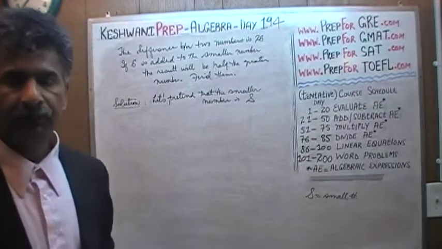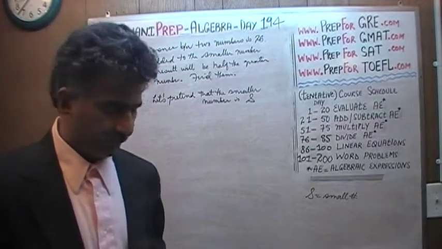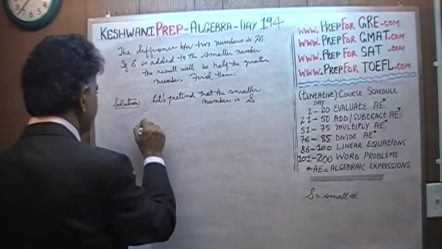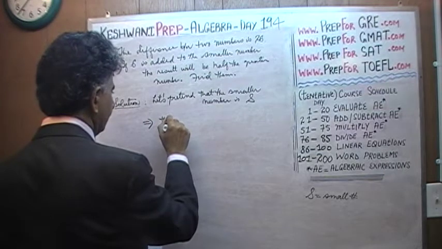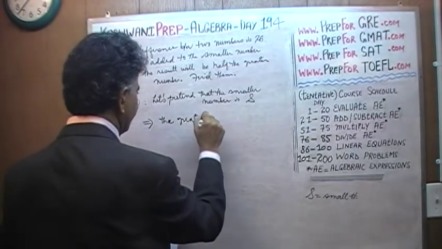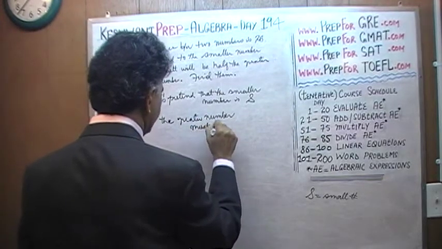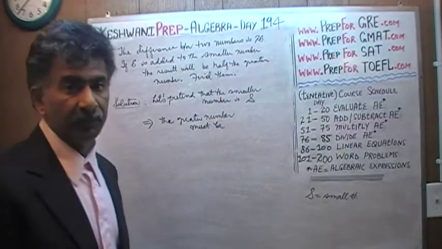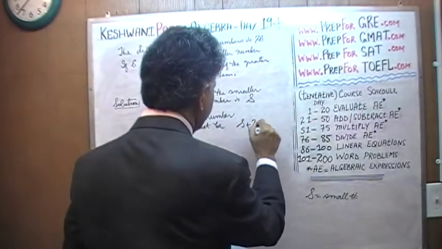If S is the quantity that represents a small number, then that implies that the greater number must be what? Must be 26 more than the small number. Must be S plus 26.